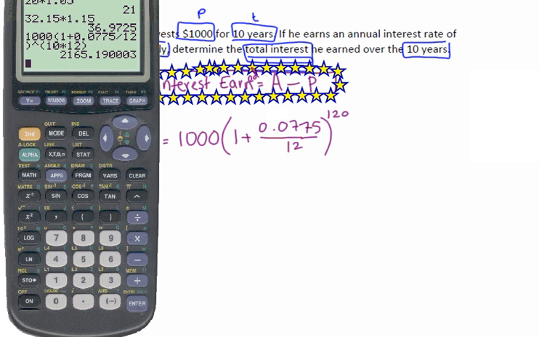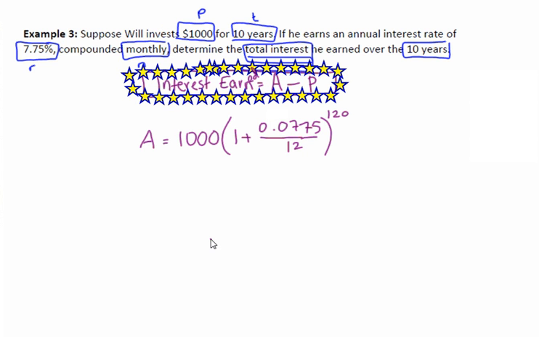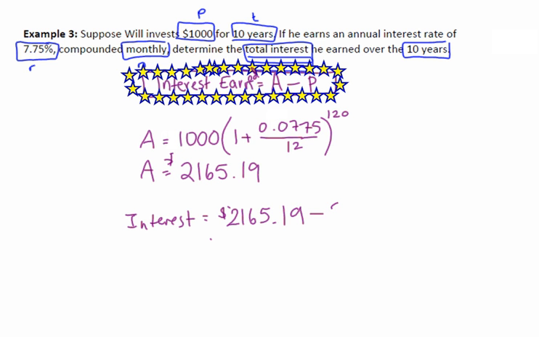Okay, so, ooh, you made some money. Well, 10 years, I guess. Monthly. So A was 2,165.19. So how much is your interest? It equals how much I have in total in my account at the end minus how much I invested.